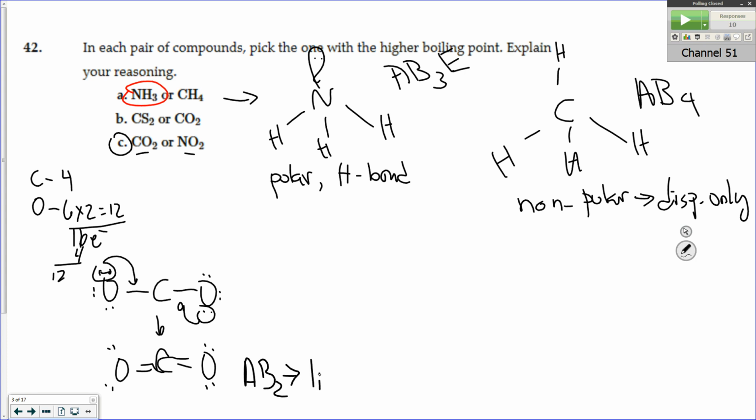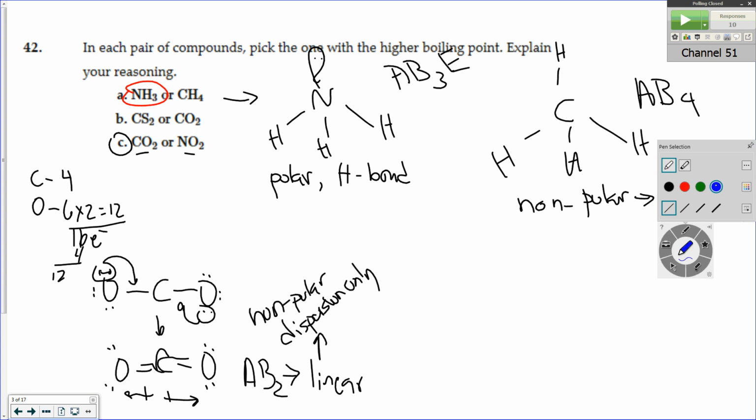AB2 is linear, so even though there's a dipole between each carbon to oxygen, the fact that it's symmetric and they're in line with one another, they cancel out. So this means that it's nonpolar and dispersion only, compared to the other molecule.